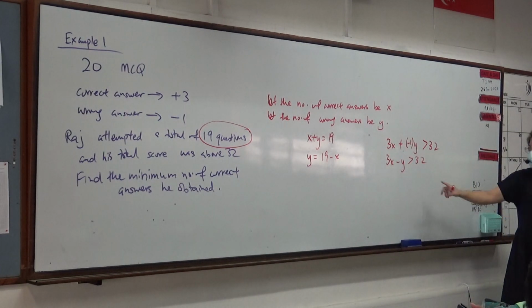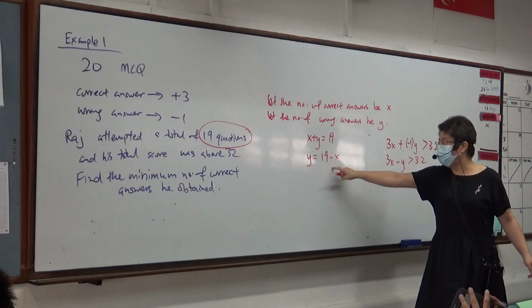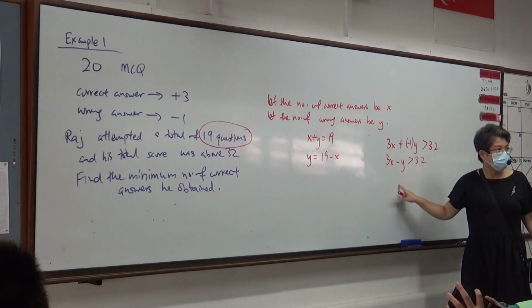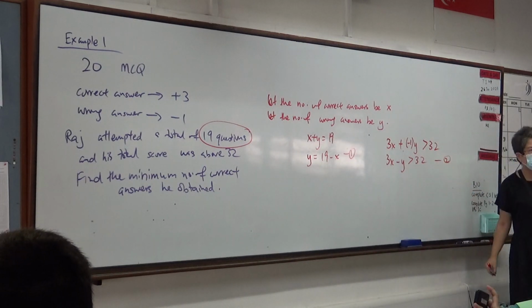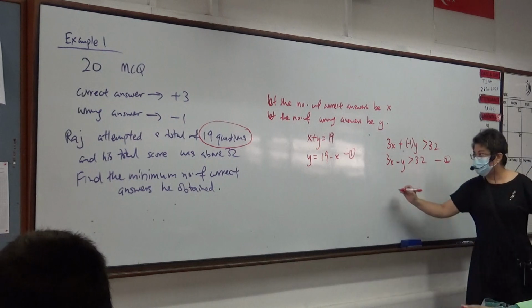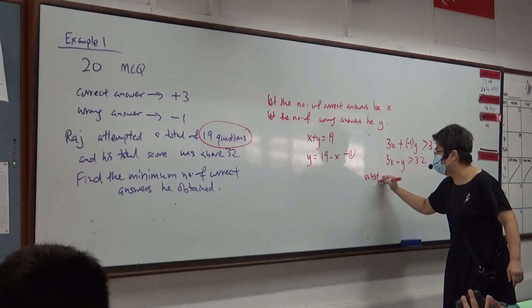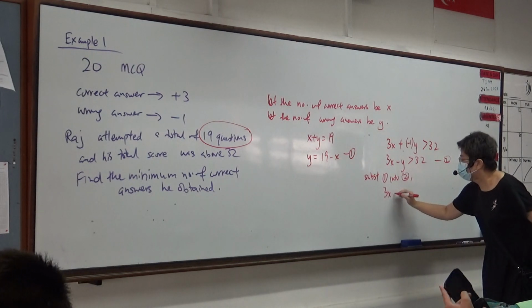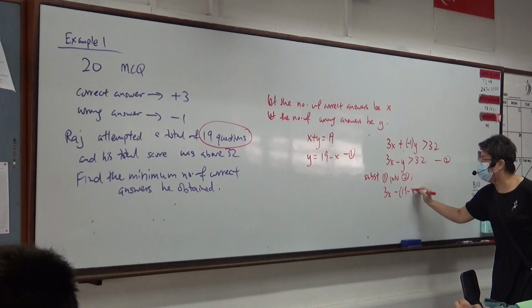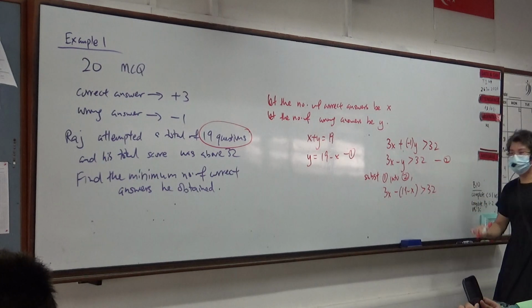Now, I don't want two variables. Can you see? I already know how to substitute in here. This is equation 1. This is inequality 2. So I substitute 1 into 2. What do I have? 3X minus (19 minus X) will be bigger than 32, right?